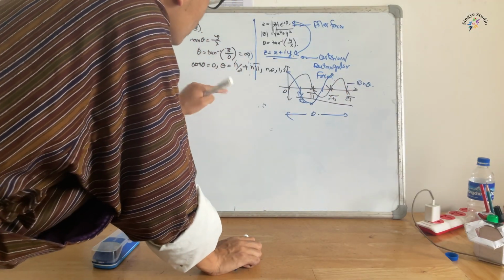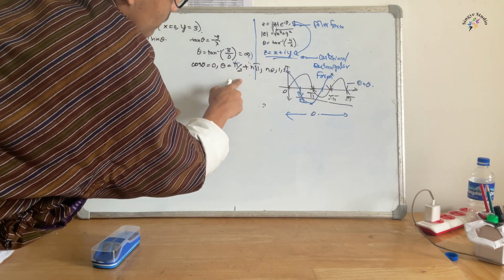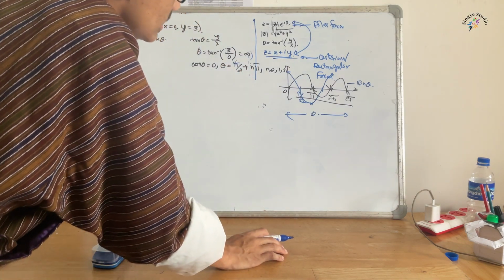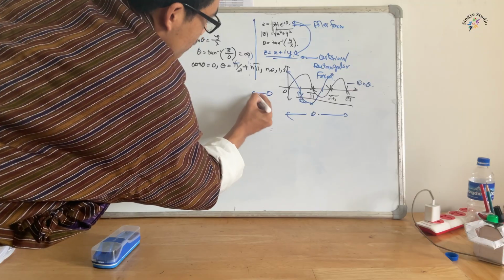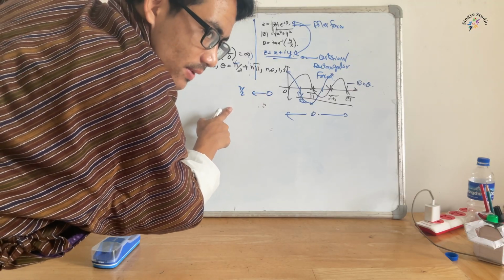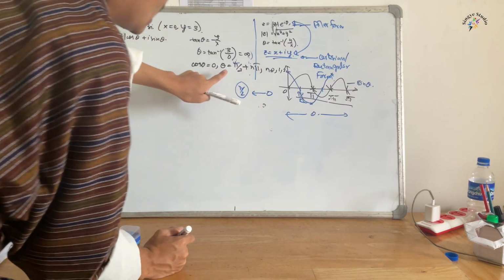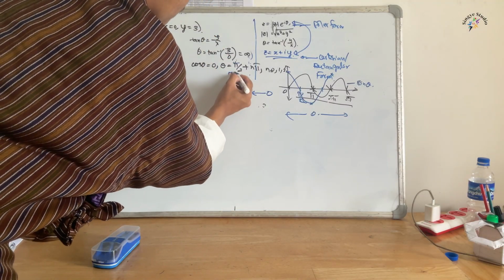So our cosine is 0 only if we have angle belonging to pi by 2 plus n pi, which means that from 0 to pi by 2, our satisfactory angle is pi by 2, which means that our theta is pi by 2 here.